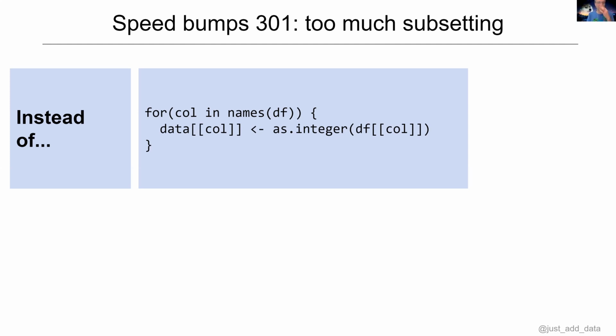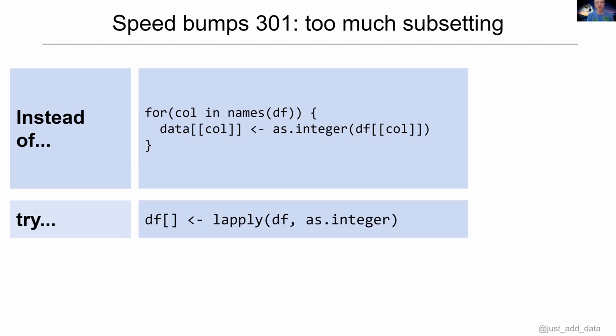So you can say, for my column, in each of my column names, I'm going to overwrite that column by forcing a new type of that column. This is a valid way to replace columns with the same data but a new class, right? So maybe you don't want them to be numerics, you want them to be integers, for example, or whatever it is.